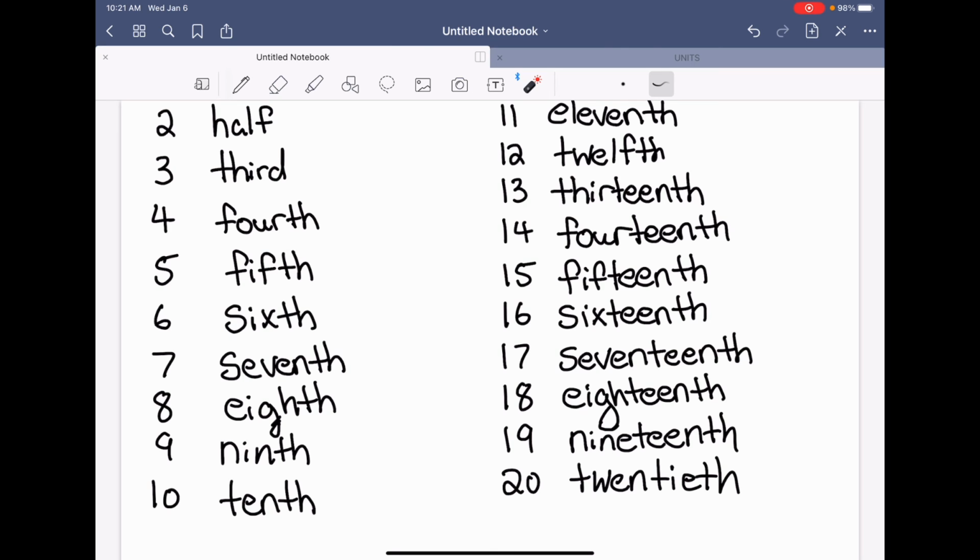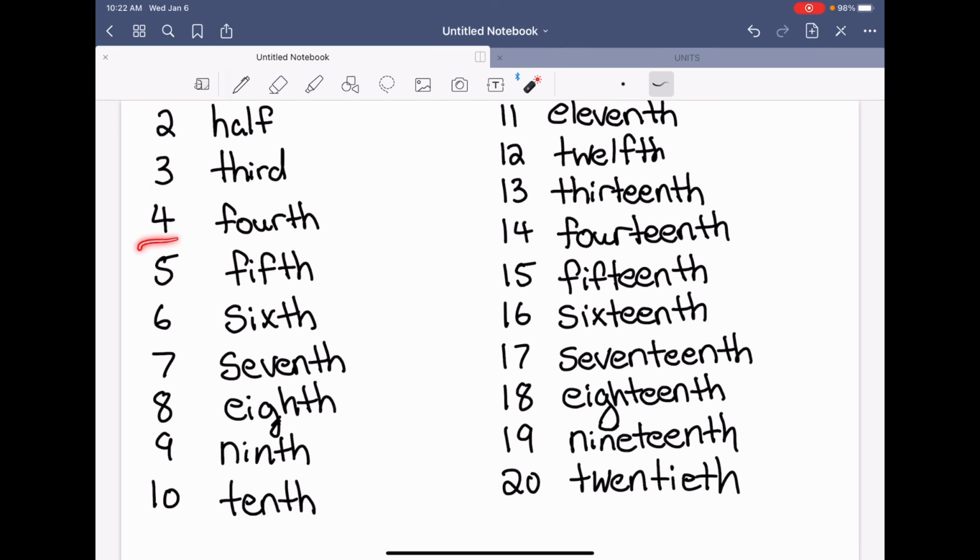So if we see the bottom number, the denominator, we see 2, we'll write the word half. 2, half is the same, right? Only as the denominator. If we see 3, we write the word third.